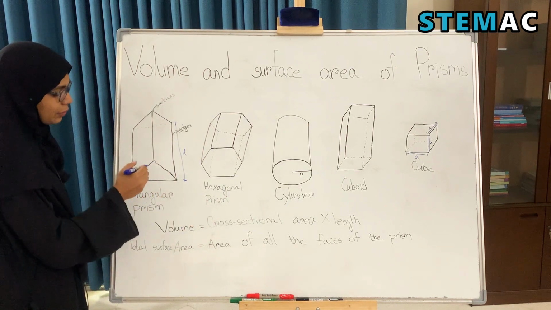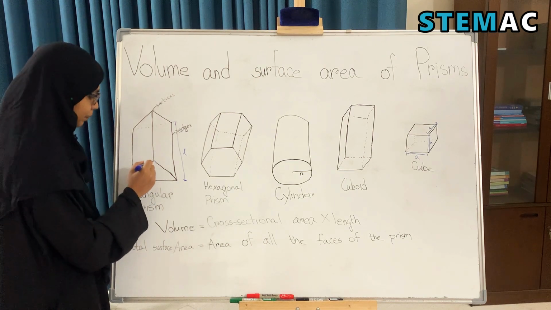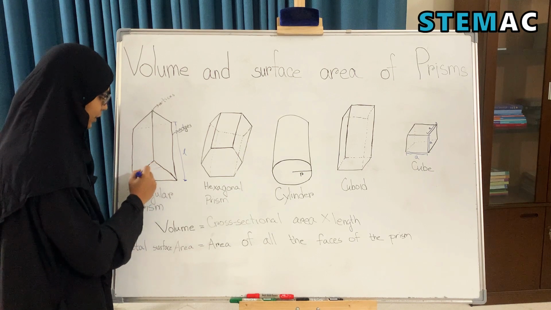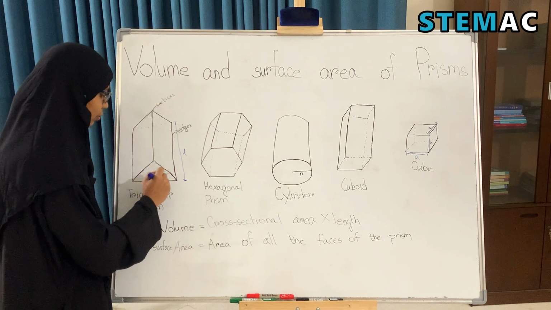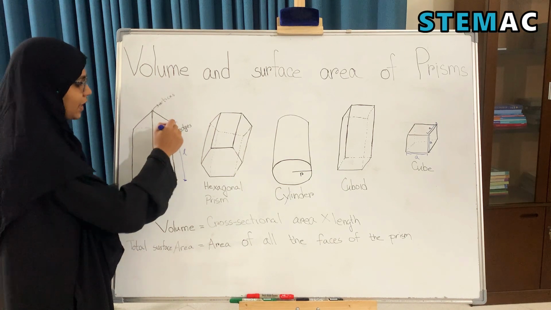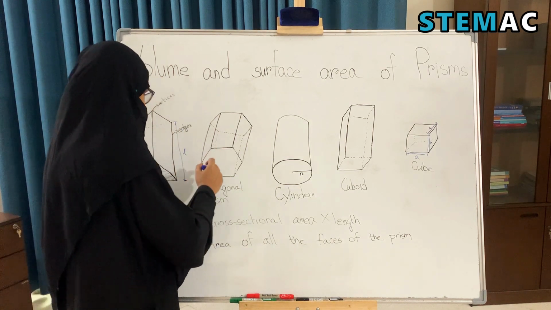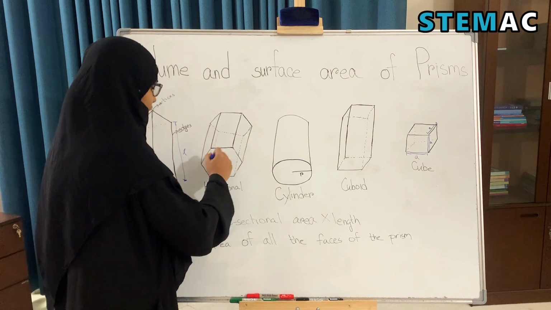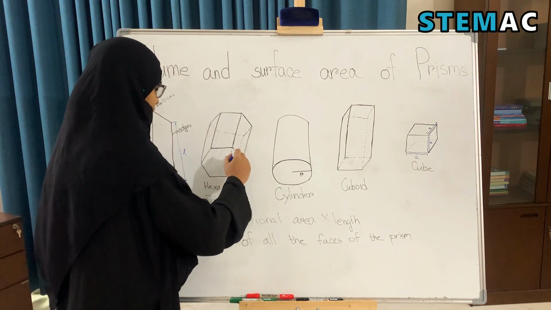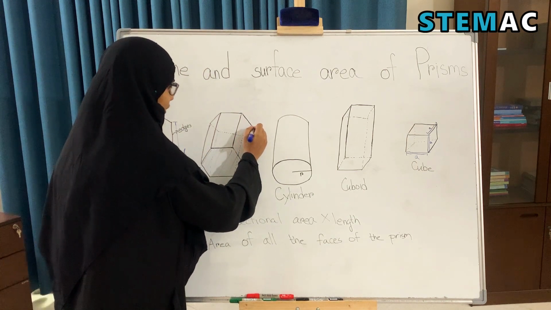So for a triangular prism, the volume would be the area of this triangular face, the area of this cross section, multiplied by the length. For a hexagonal prism, the volume would be the area of this hexagon multiplied by length.